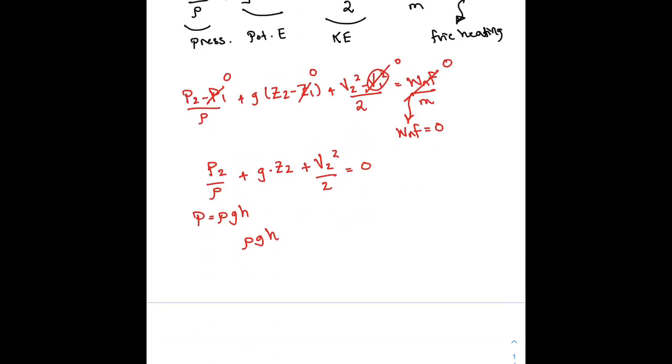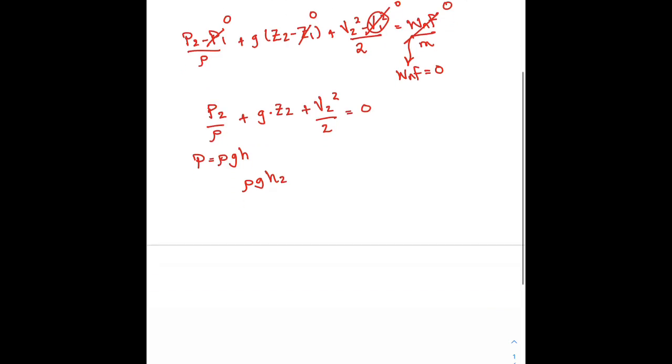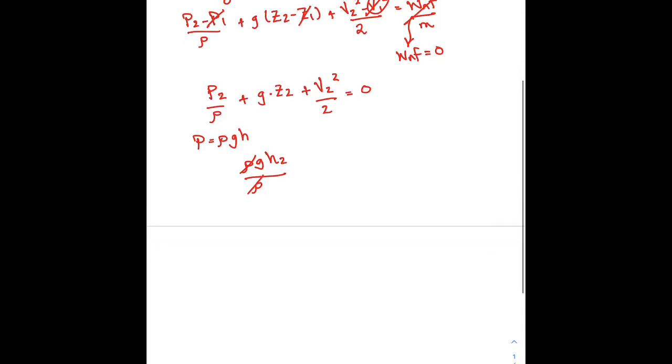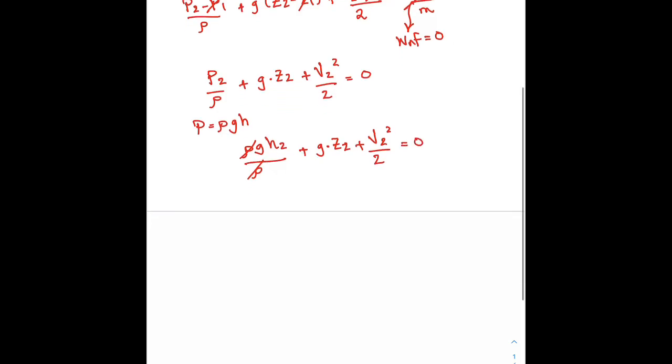And so we'll call that H2 over rho. So our rhos cancel, the densities cancel, plus G times Z2 plus V2 squared over 2 equals 0.